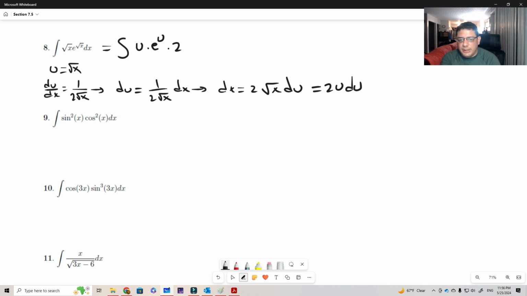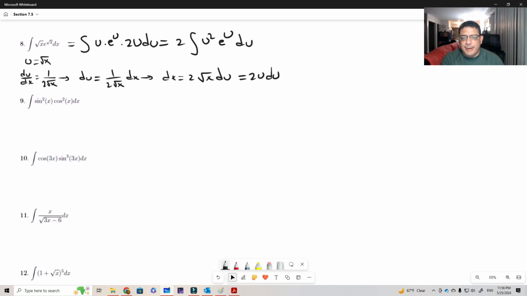And so we can replace that here. And now we get a different thing. Now we get twice u squared e to the u. Now we are at a point where we can do this with parts, since we have a power and then we have an exponential.